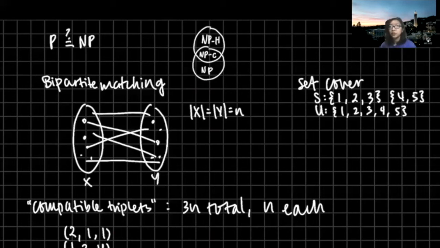Without further ado, let's jump into our first reduction with 3D matching. This is actually from your textbook on page 256 of chapter 8.1. They left an exercise for the reader to understand why 3D matching is also a special case of set cover. I know I'm throwing a lot of terms at you.